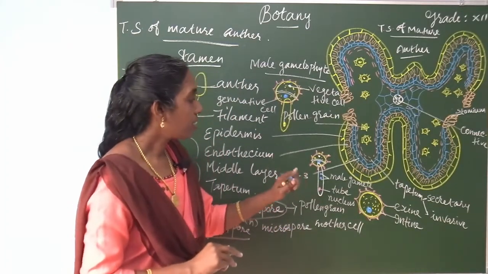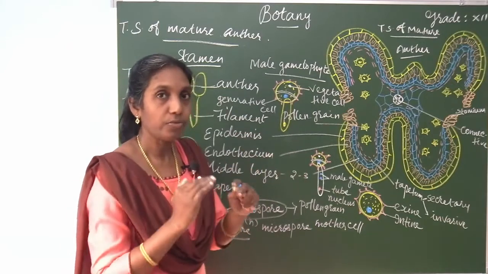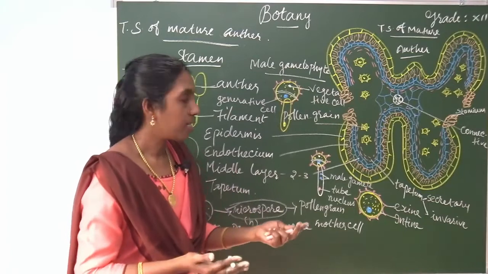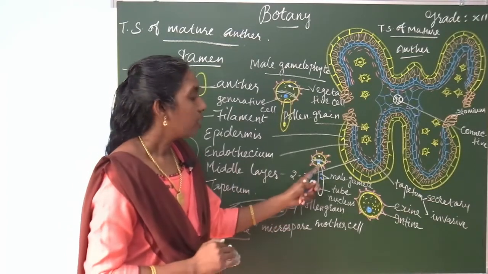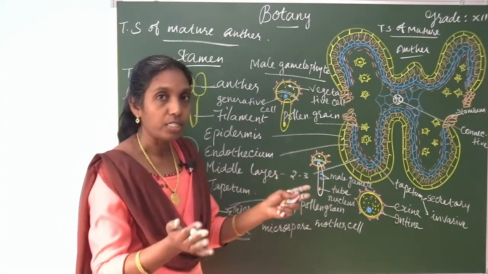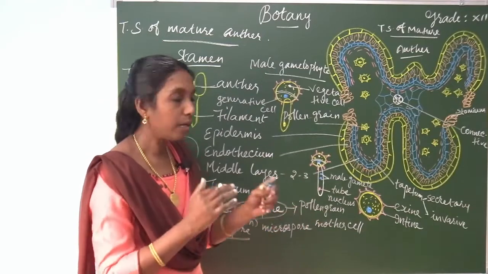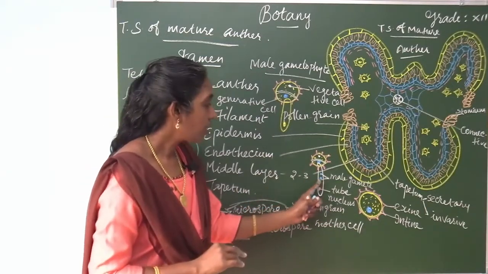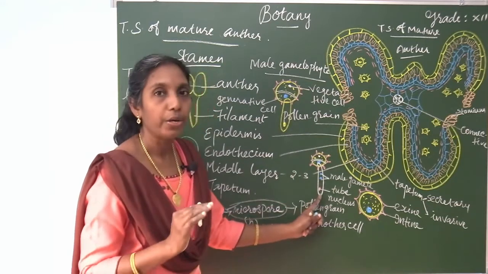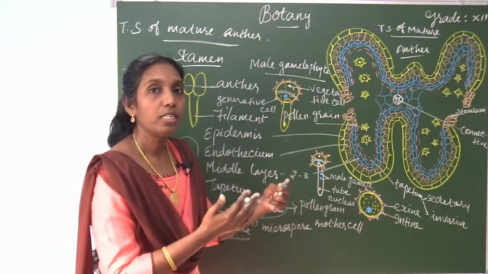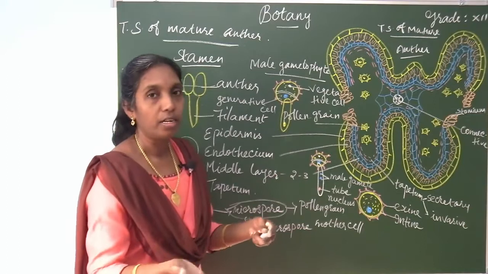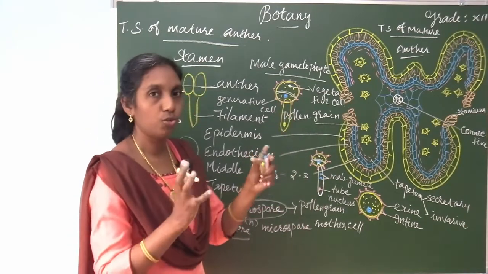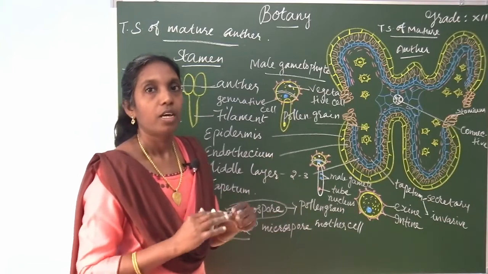So the two-celled stage consists of a vegetative cell and a generative cell. The three-celled stage consists of the division of the generative cell, which produces two male gametes, that is the sperm, along with the tube nucleus. Either the pollen grain disperses in the three-celled stage or in the two-celled stage.